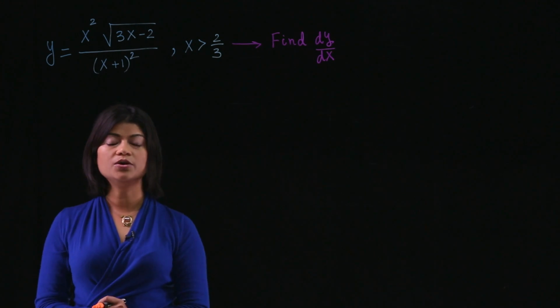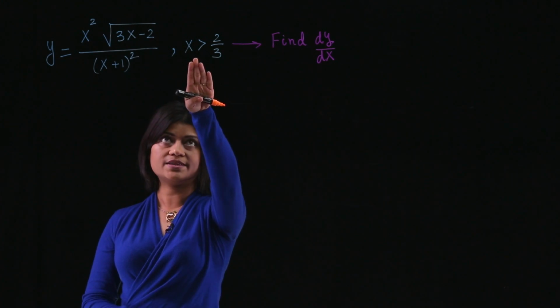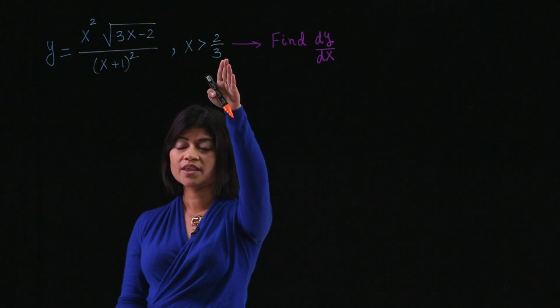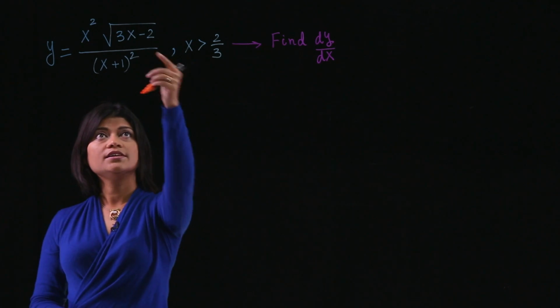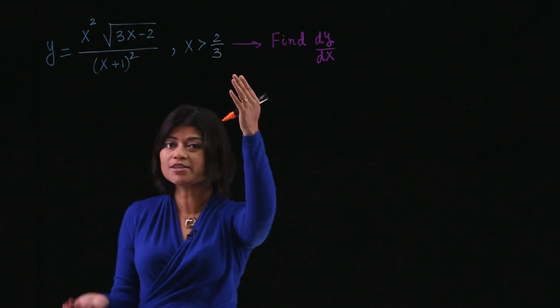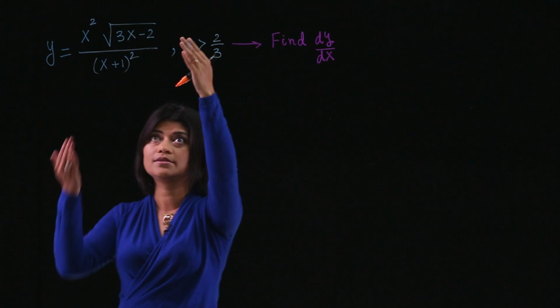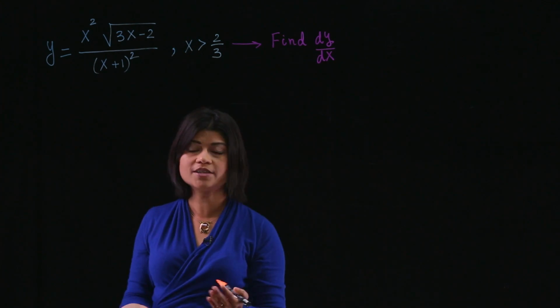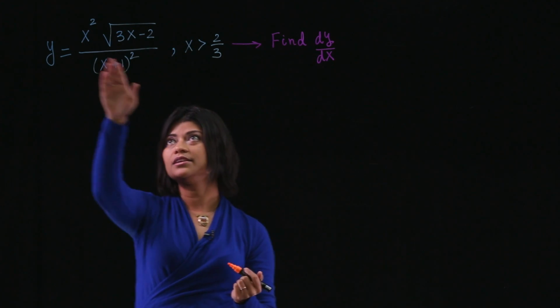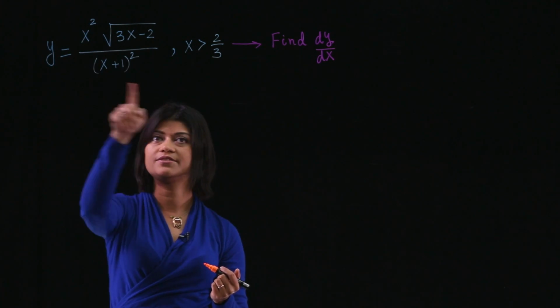The first thing you should notice is we have a domain given to us that x is greater than 2/3, and because of that this expression 3x minus 2 is going to be positive, which is what we want because there's a square root. We want the expression inside the square root to be positive. And the other expression, x squared, is also going to be positive.